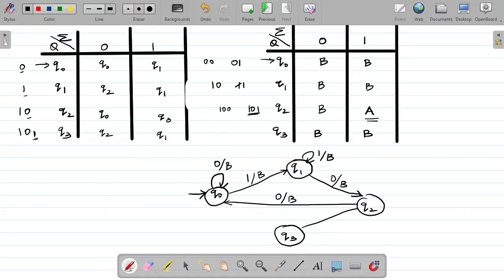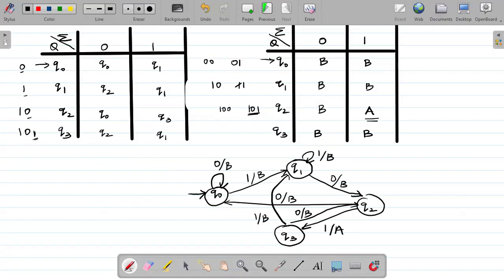That time the output associated is A. Q2, when we get 0 and 1 we have covered. Q3, when we get 0, we go to Q2. Output associated is B. Q3, when we get 1, we go to Q1. Output associated is B.